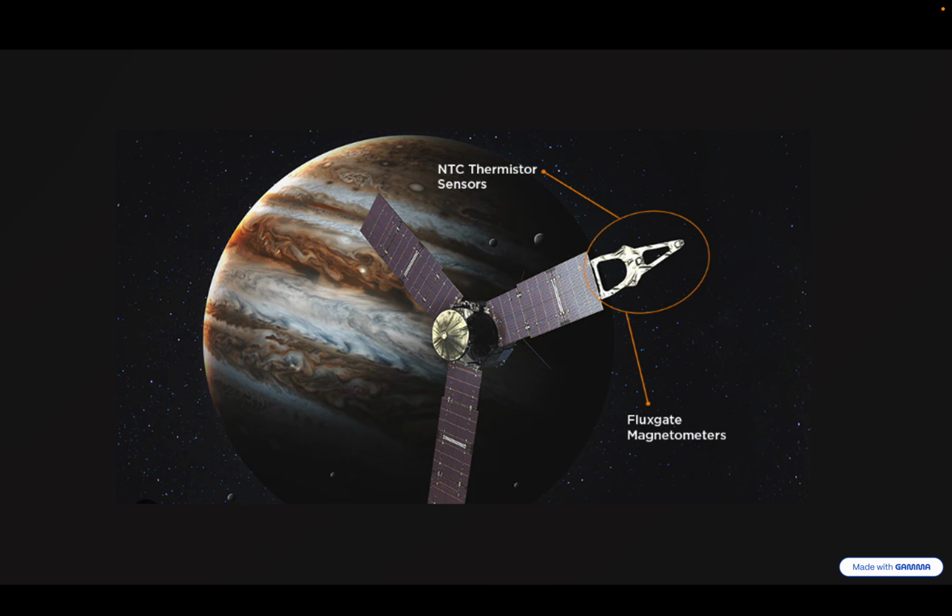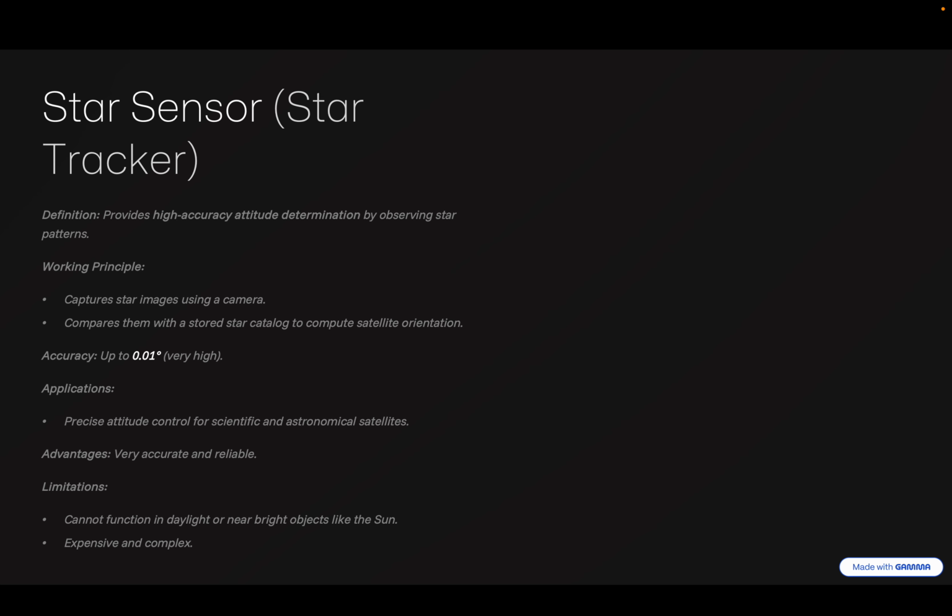So we can see here a type of magnetometer on the satellite, and we have the star sensors. Now, why we require a star sensor is that we are always checking the position of the antenna with respect to the stars, and it produces high accuracy attitude determination by observing the star patterns.